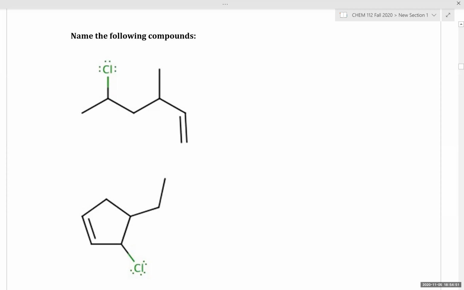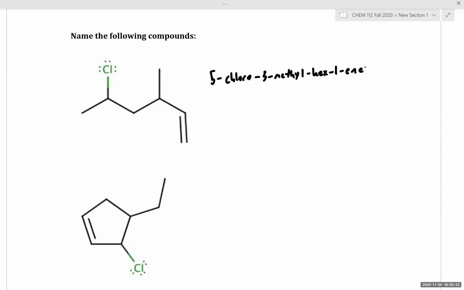So for the first compound, we already have a proposed name of 5-chloro-3-methyl-hex-1-ene. Okay. You can comment whether you agree or disagree with the name or propose your own name for each of these compounds.